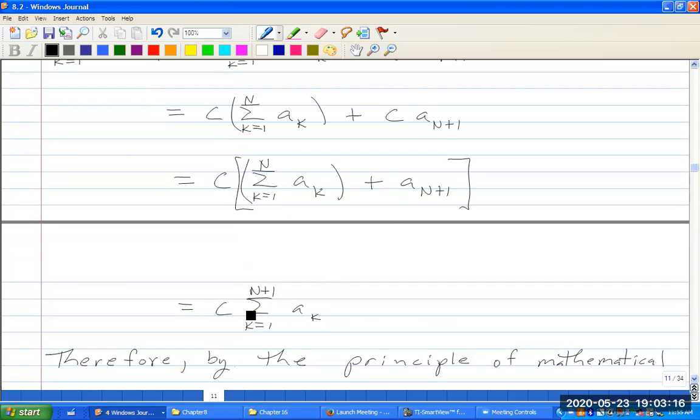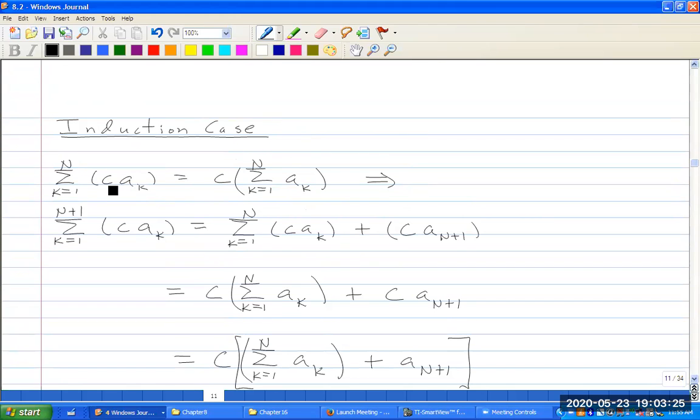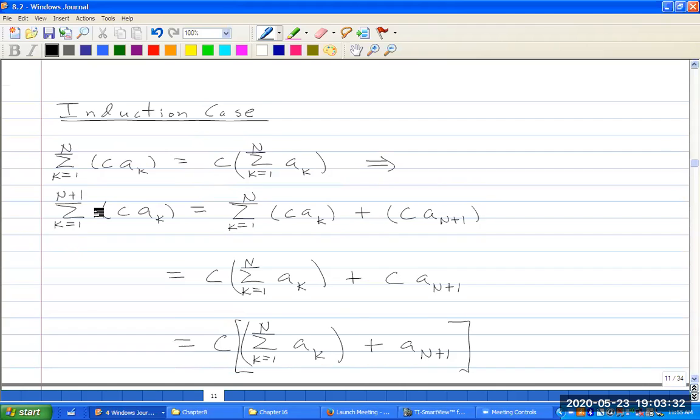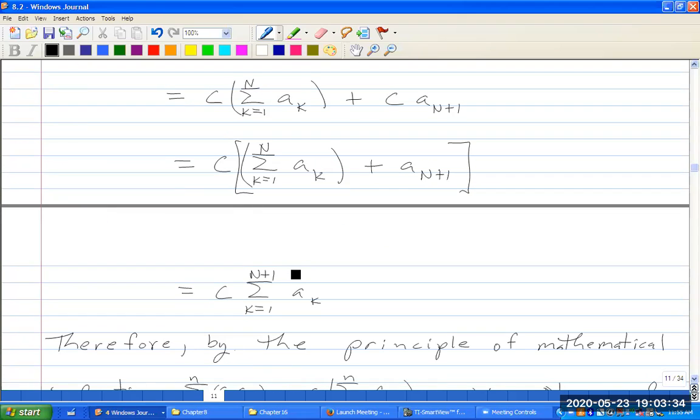This is just the first n terms, the sum of the first n terms, and then added to it the last term. But that says that if I assume that this is true for n, then replacing n by n plus 1, it's also true. And so I've shown the induction case.